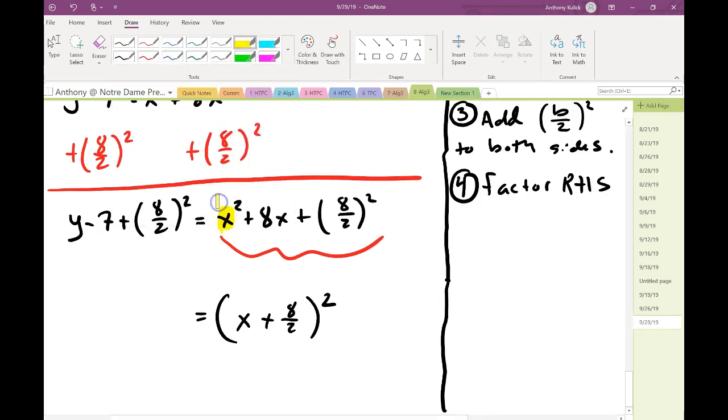It's going to factor as whatever this part is squared, and then whatever this part is squared. And then I can just recopy things from the other side. And at this point now I am going to write 8 over 2 squared is 16.